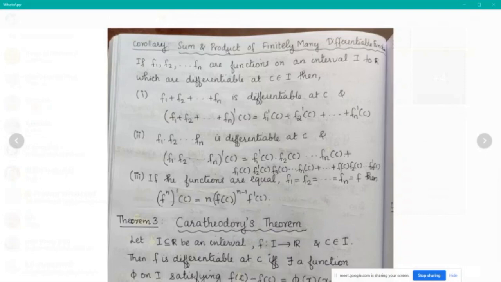Plus the same term f dash c into f of c power n-1, plus again same term, plus etc., plus last term അത് തന്നെ f dash c into f of c power n-1, added n times. So you will get the answer as sum as n into f of c raised to n-1 into f dash c, which is usually known as the generalized power function rule. Okay, so that namukku kitti.